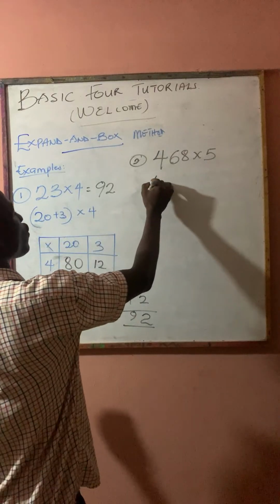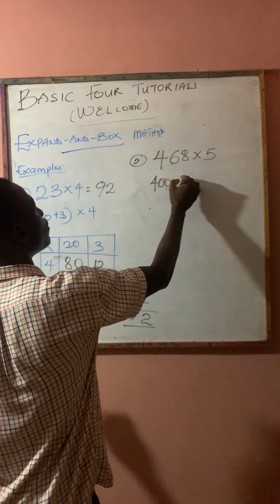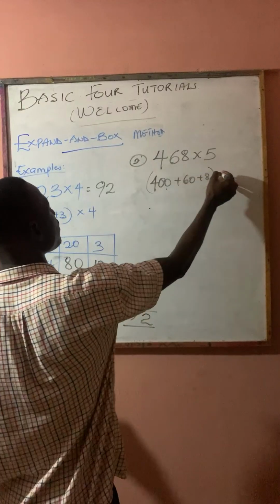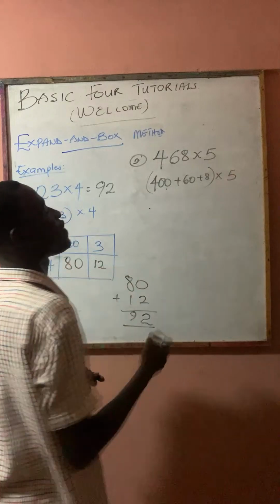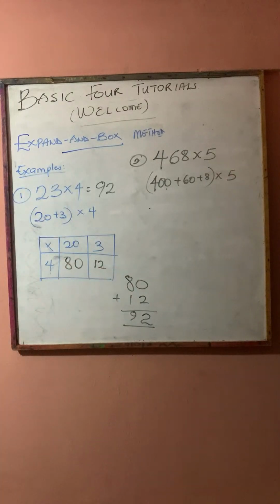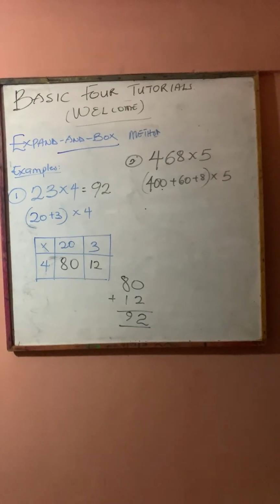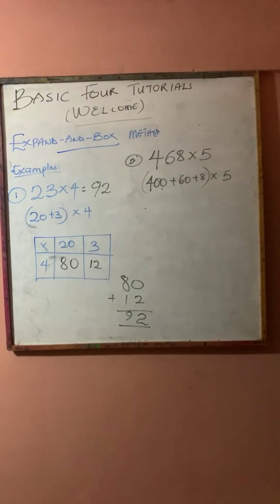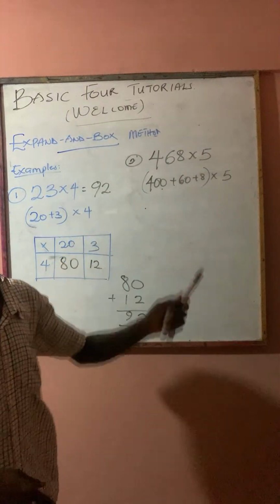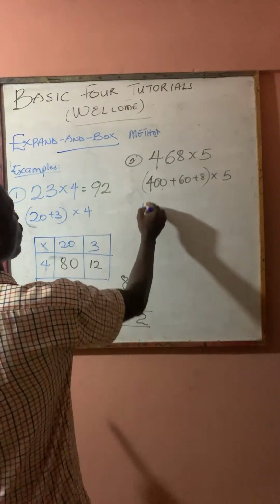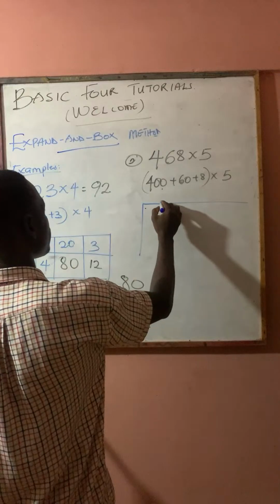So this will give us 400 plus 60 plus 8, this times 5. So I hope you can see clearly. All right. Then we put the expanded number in a box. This will give us our box beautifully drawn this way.